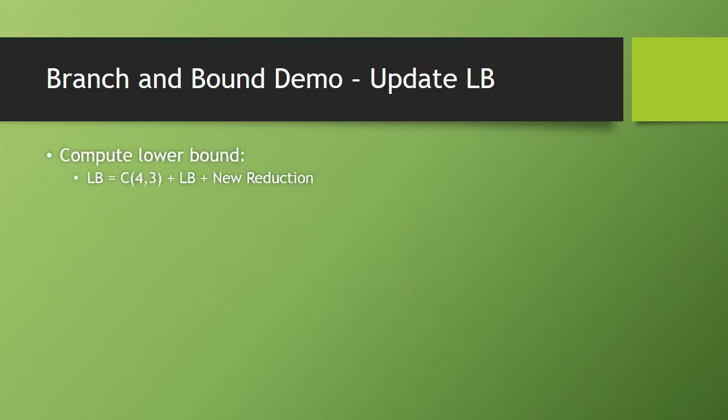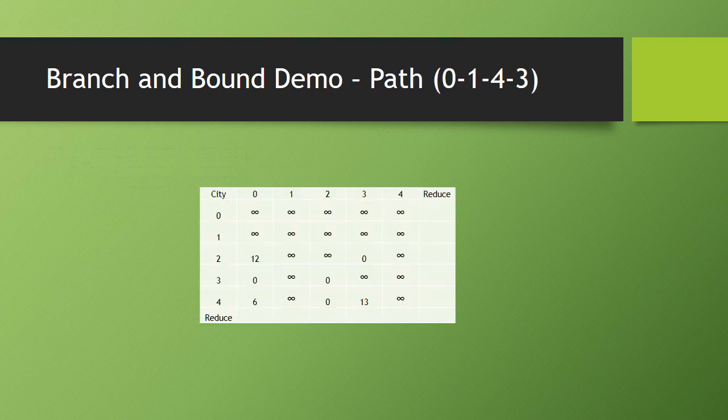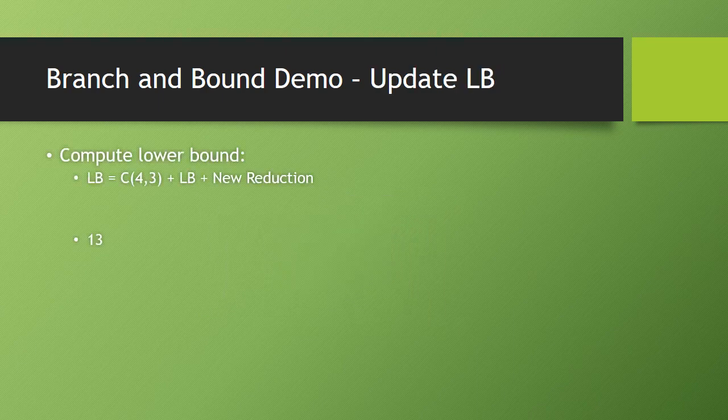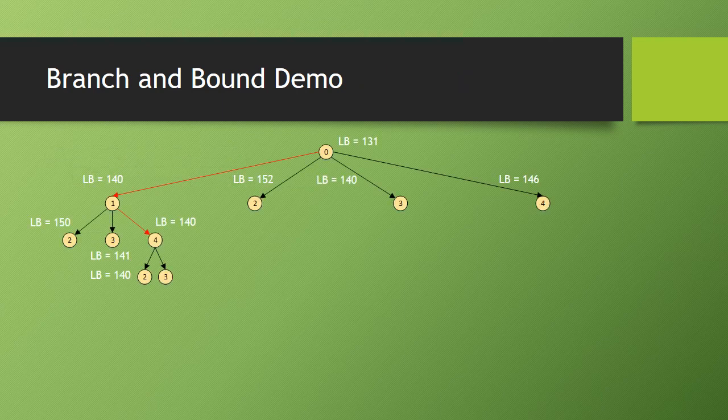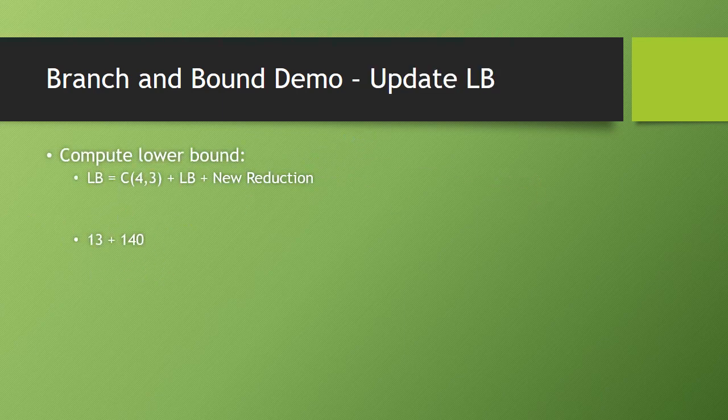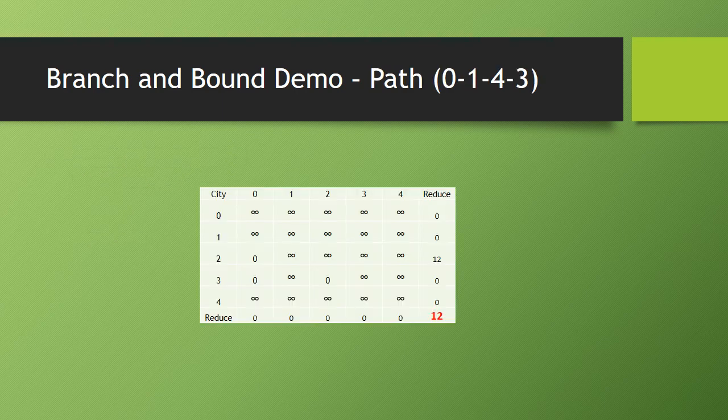So we'll compute our lower bound, and we're looking for the cost from city 4 to city 3. And that cost is 13. And then we add in our lower bound of 140. And then our new reduction of 12.